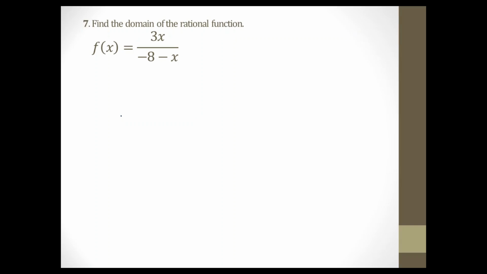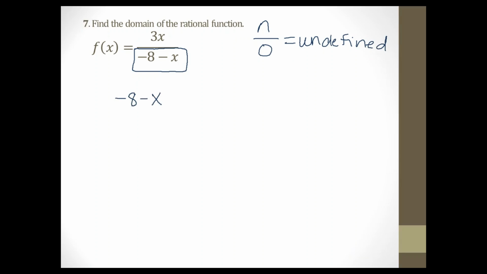So for this problem, we do have a variable in the denominator, negative 8 minus x. So remember that anything divided by 0 is undefined. So we don't want the denominator to be equal to 0, because that will make our function undefined. So let's find out what would cause the denominator to equal 0 by setting it equal to 0.